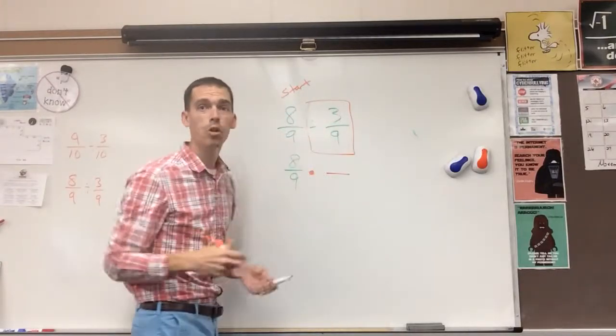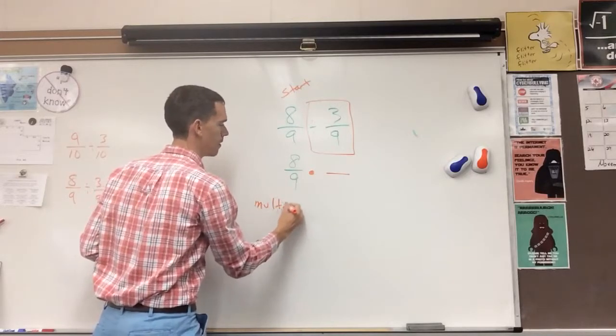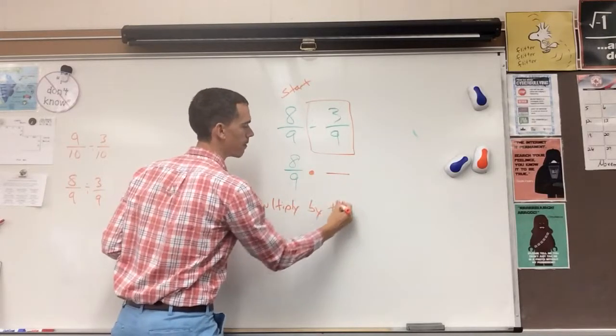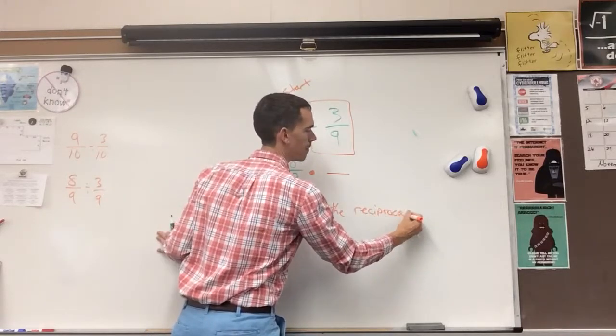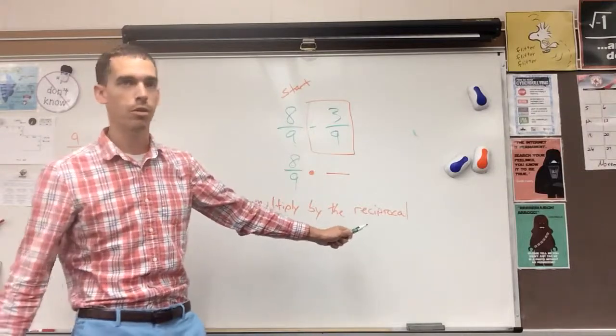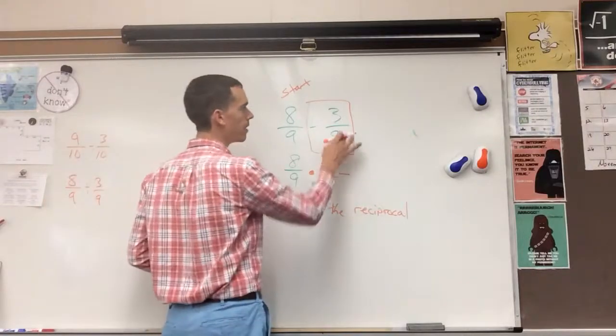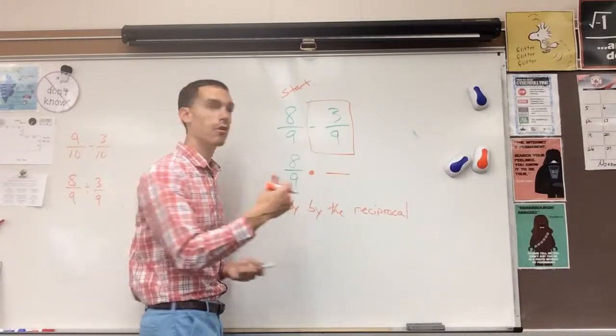It's also called multiply its reciprocal. Multiply by the reciprocal. Now you want to remember that. That's going to come up a lot pretty soon. Reciprocal. Work on the spelling. We flip that second fraction. The reciprocal of 3/9 is 9/3.